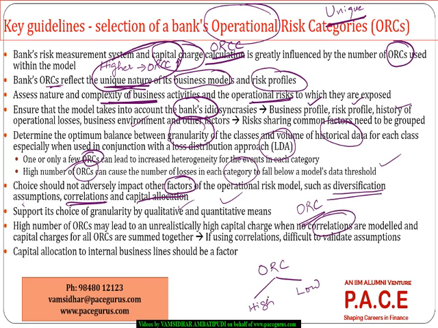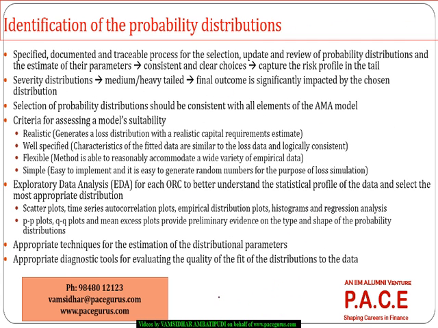So a higher number of ORCs is always a difficult process, but we have to really think how many ORCs are really required. And the capital allocation to the internal business lines also needs to be considered: on what basis the capital allocation happens to the internal business line. So these kinds of guidelines need to be kept in mind while we are doing the selection of the operational risk categories for a bank.